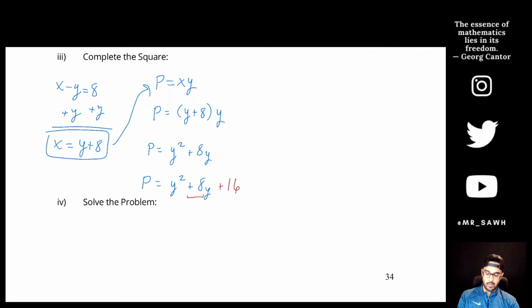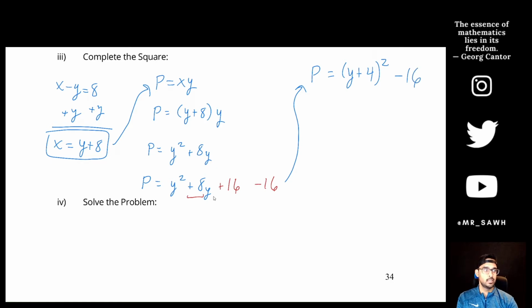But I also have to remember to take 16 away, because if I don't, then I've just changed the value of this function. Now I can actually write it in our vertex form. So my product function is equal to y plus 4 squared minus 16.